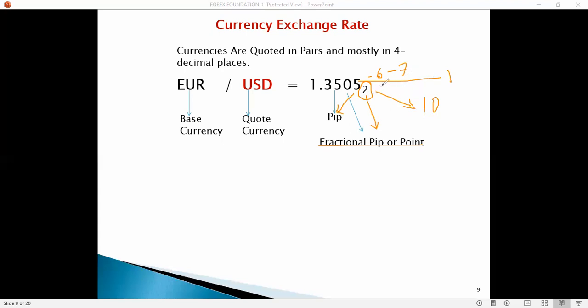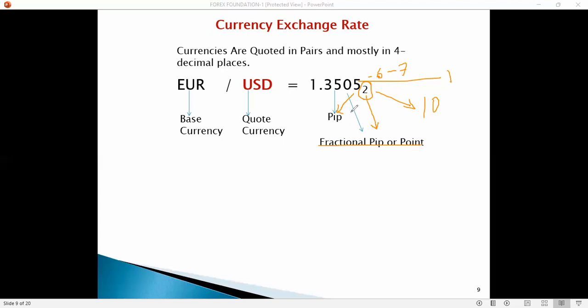Okay, fractional pip or points start from 0 up to 10. So once this one turns to 10, this one is going to change from 5 to 6. And if this one keeps decreasing, let's say it decreases from 2 to 1 to 0, after 0, for it to go more down, this one has to change from 5 to 4.